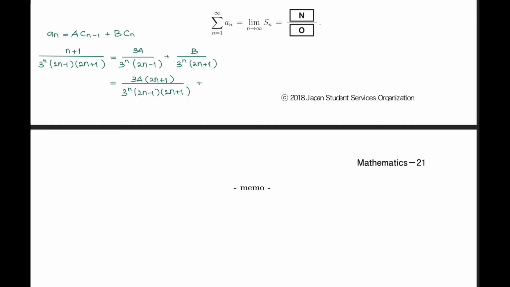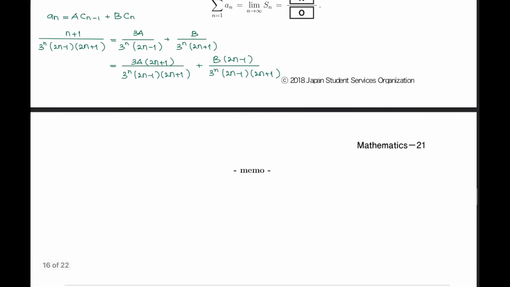And then multiply 2n minus 1 on our second fraction: B times 2n minus 1 over 3 to the power of n times 2n minus 1 times 2n plus 1. So our fractions already have the same denominator. Once the denominator is the same, we can write it as a single fraction.